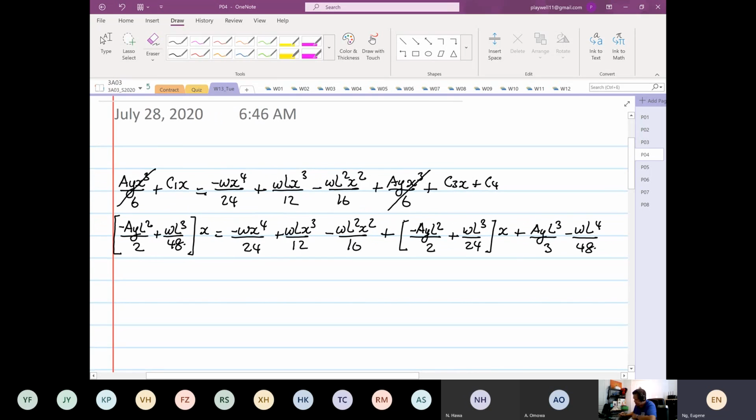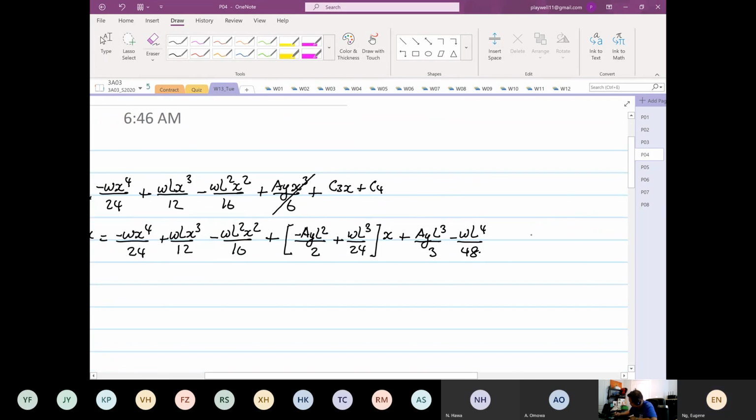So you realize that the entire term over here is just AY left, right? You can find your AY now. Okay, so now it is just a matter of substitution, right? So you need to substitute X is equal to L over 2, right?